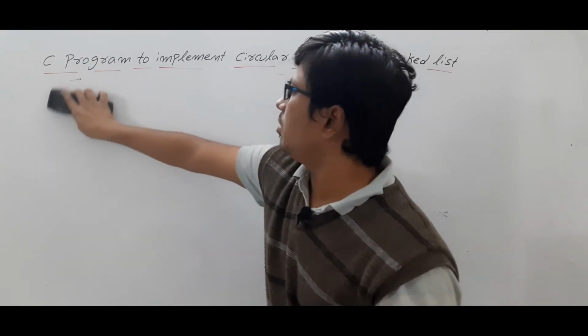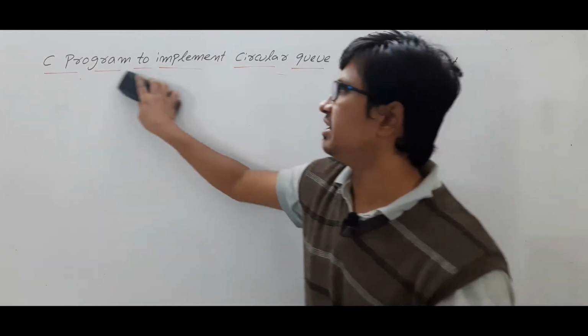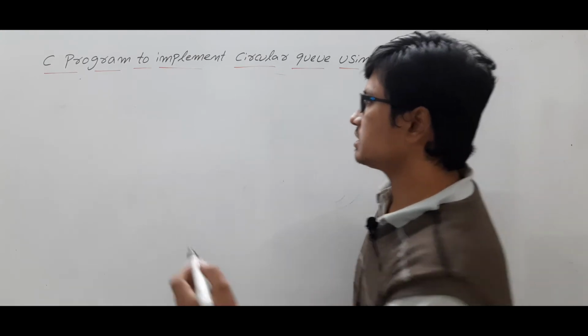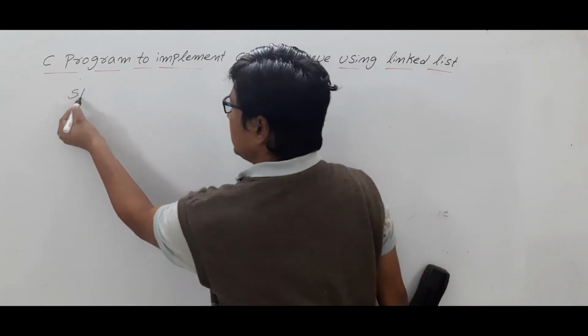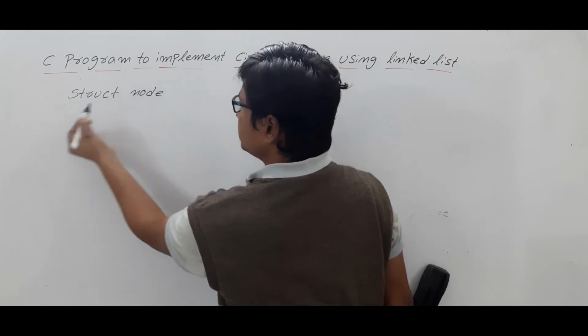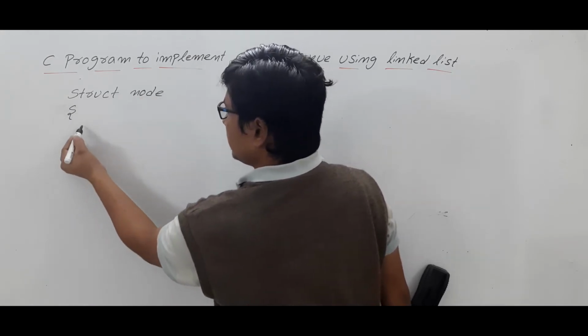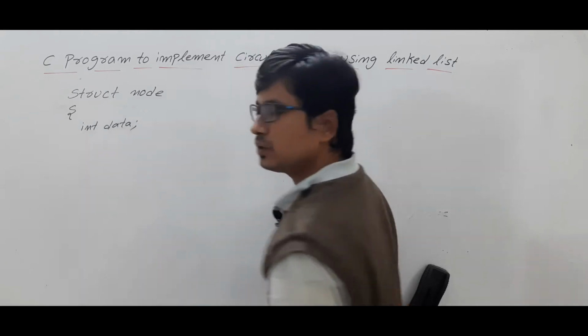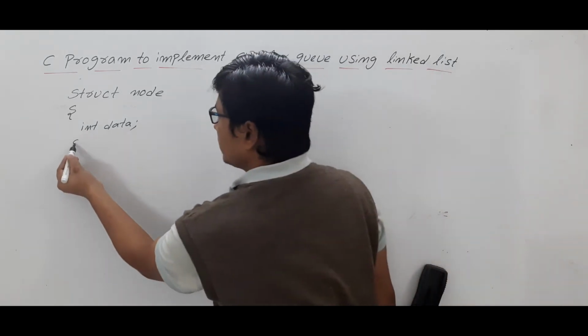Before doing all these things, you need to define a structure and declare some variables for it. I will do the structure definition globally. I will write struct node. Then int data, because each node should have the data and the address of the next node.